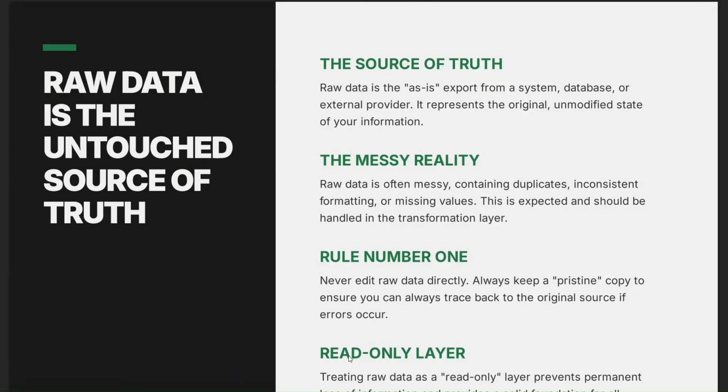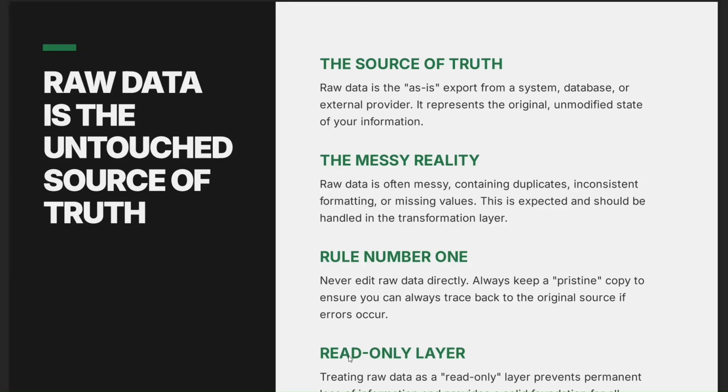So raw data, and this is the number one rule, a rule I want you to jot down and really take into account: raw data is the untouched source of truth. Raw data is the as-is export from a system, database or external provider.